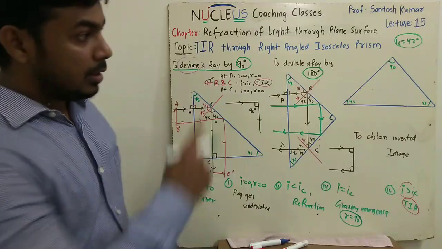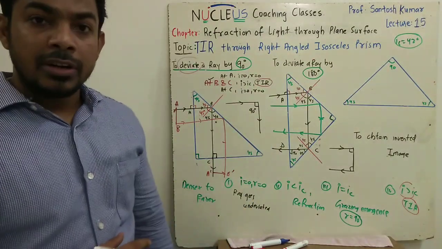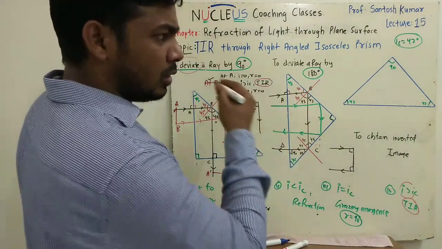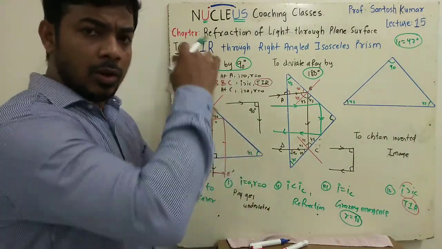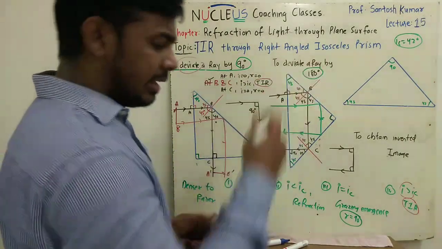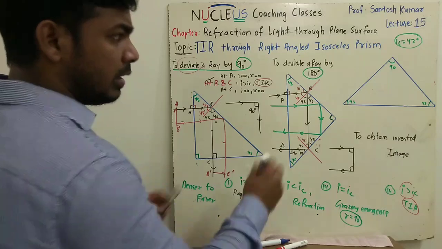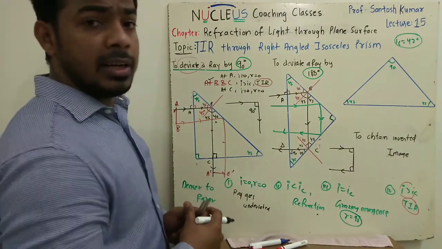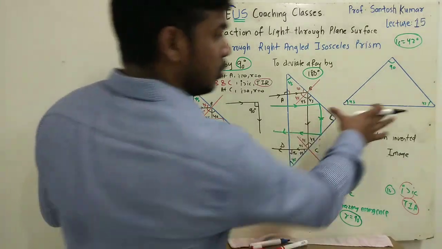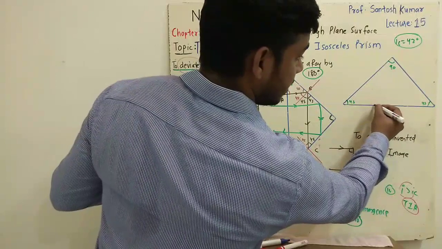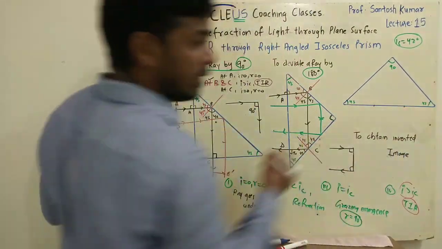Got it? So to obtain the inverted image, there is a simple rule. You have to draw certain rays, make them incident, and totally internally reflect them, and then get the inverted image. No need to measure over here, but I'll tell you a method to get the inverted image of the same size. Whatever the size of the prism, divide the hypotenuse into 3 equal sections.